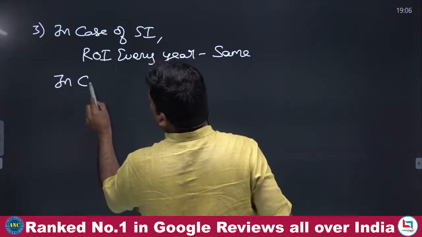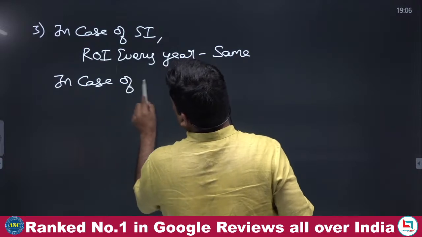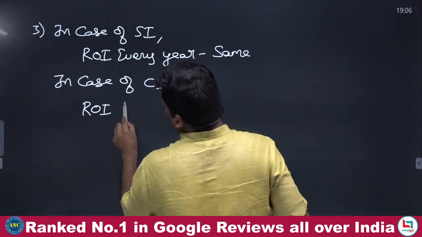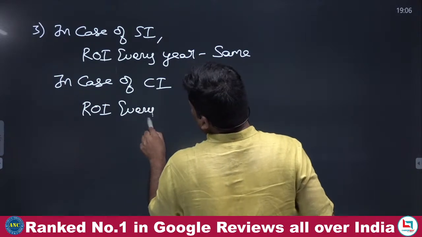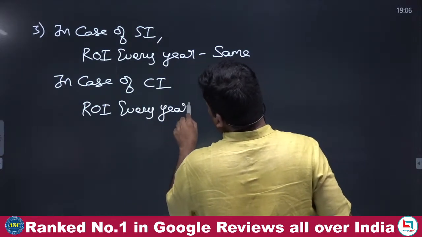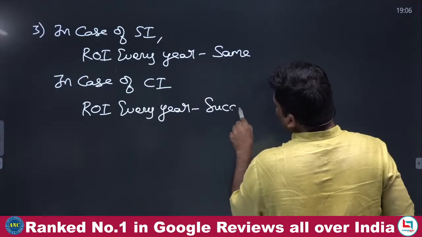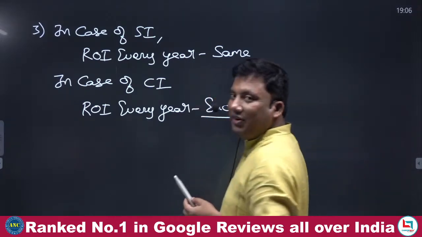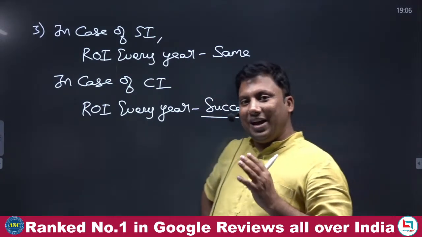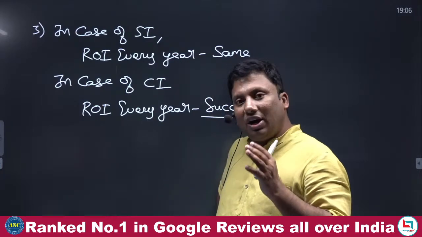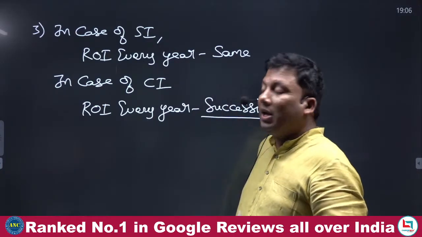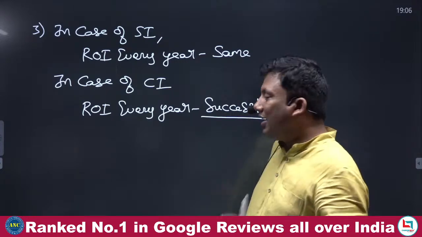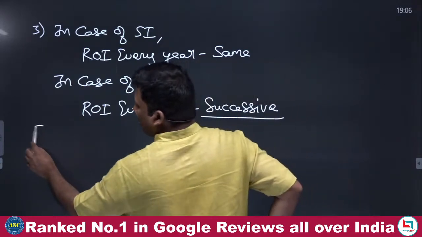In case of compound interest, rate of interest every year is successive. Very, very important note. In case of simple interest, rate of interest every year is the same. In case of compound interest, rate of interest every year is a successive percentage.